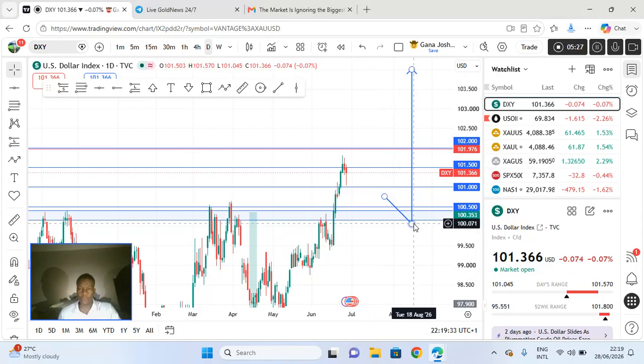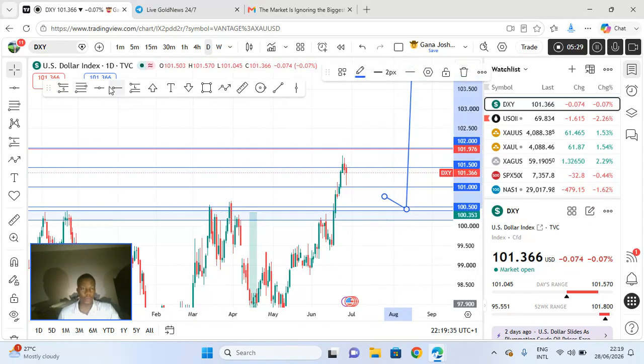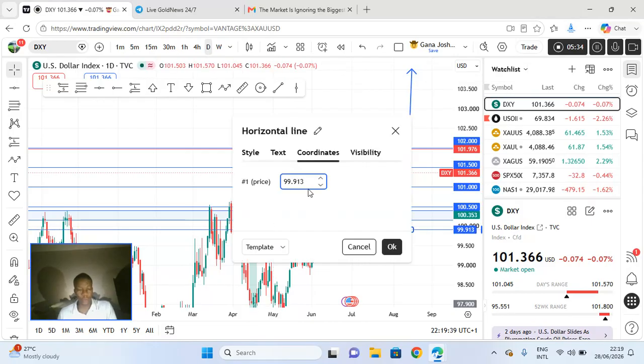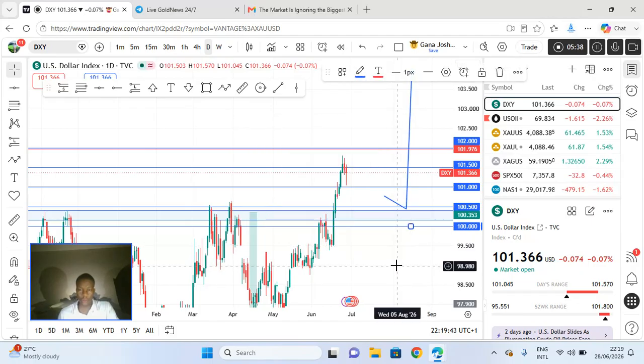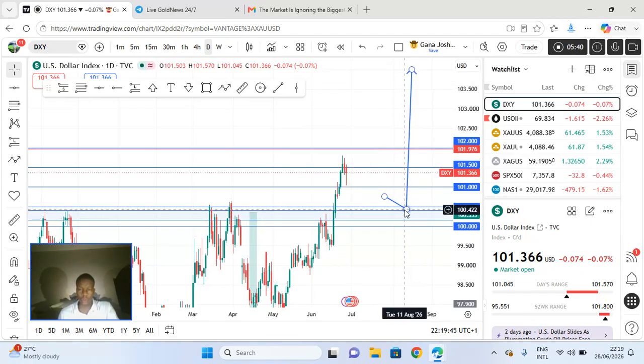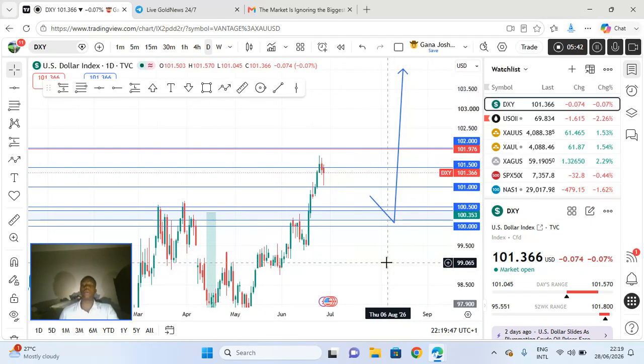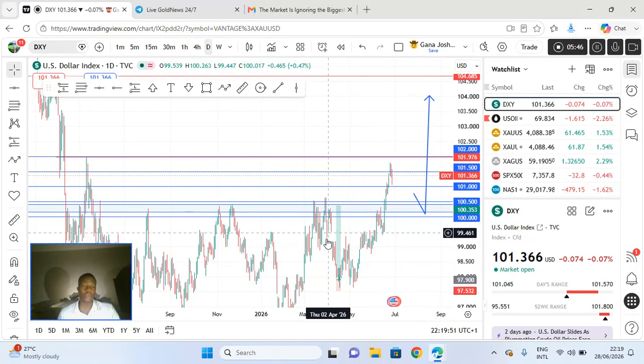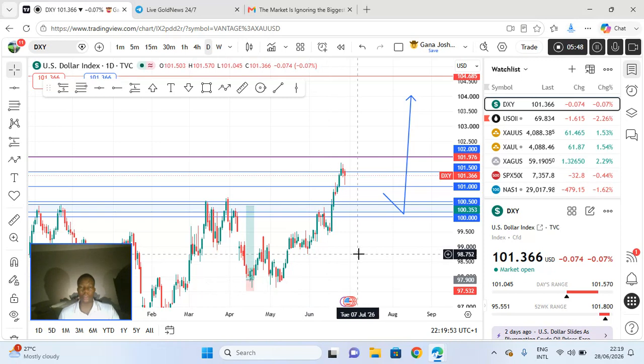So we are looking for a retest around 100.500 or 100 itself. That's what we're looking for on the DXY, in between this zone, 100 and 100.500, with continuation to the upside, or just continuation pending as the case may be.